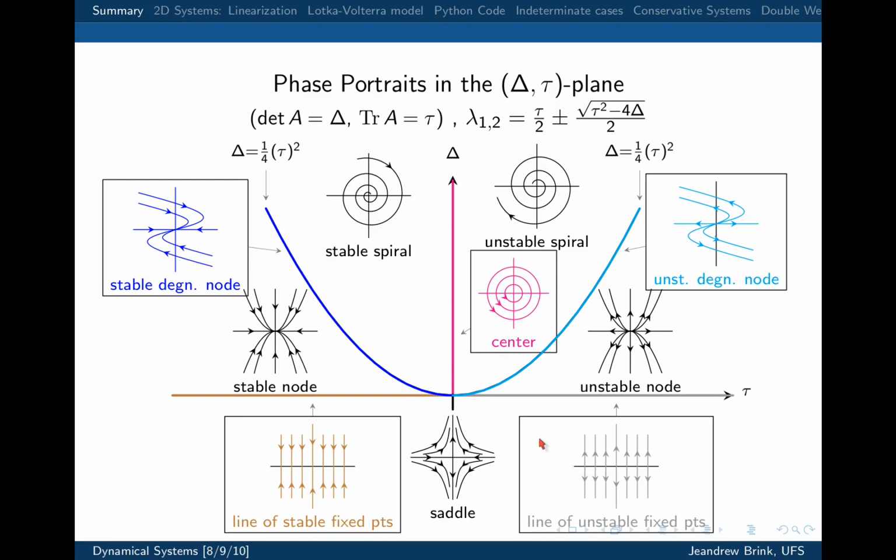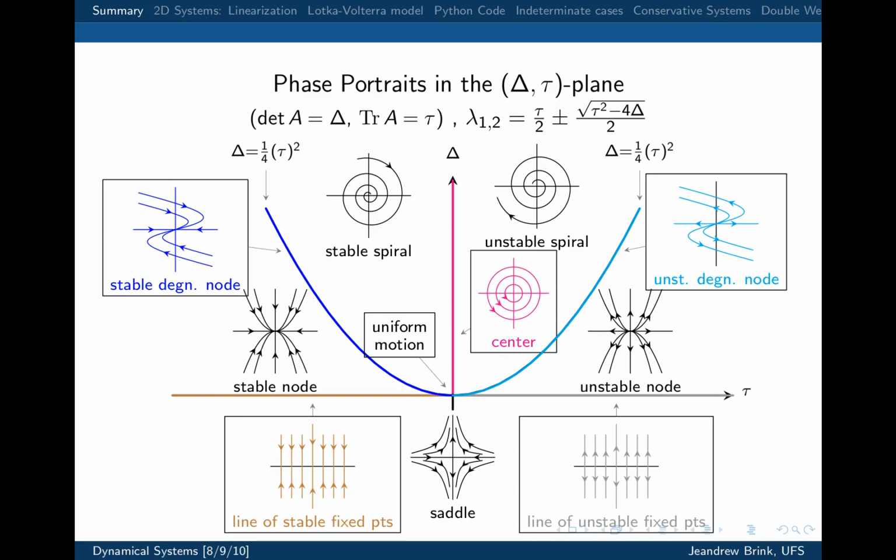The final example is over here, where both the eigenvalues are 0. Okay, and if both the eigenvalues are 0, you basically have x dot and y dot equal to 0. Therefore, x and y are just constant, and therefore we have what they call uniform motion. So it's just a trivial case.